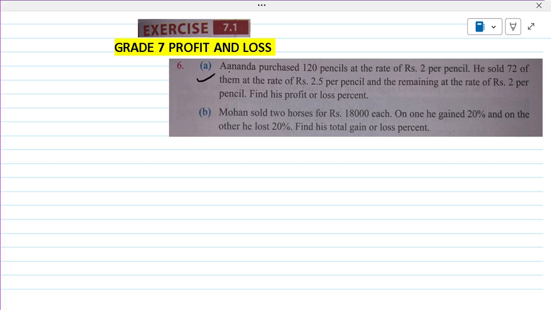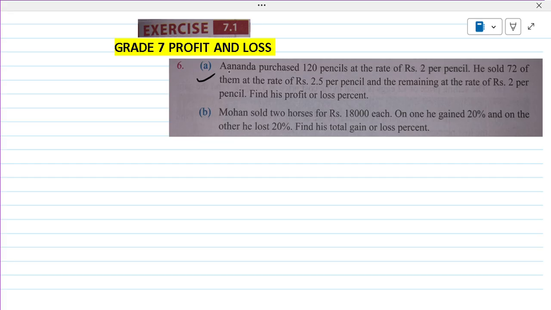So the remaining number is 120 minus 72. Through this we are asked to find the profit or loss percentage. Alright, so let's get started.